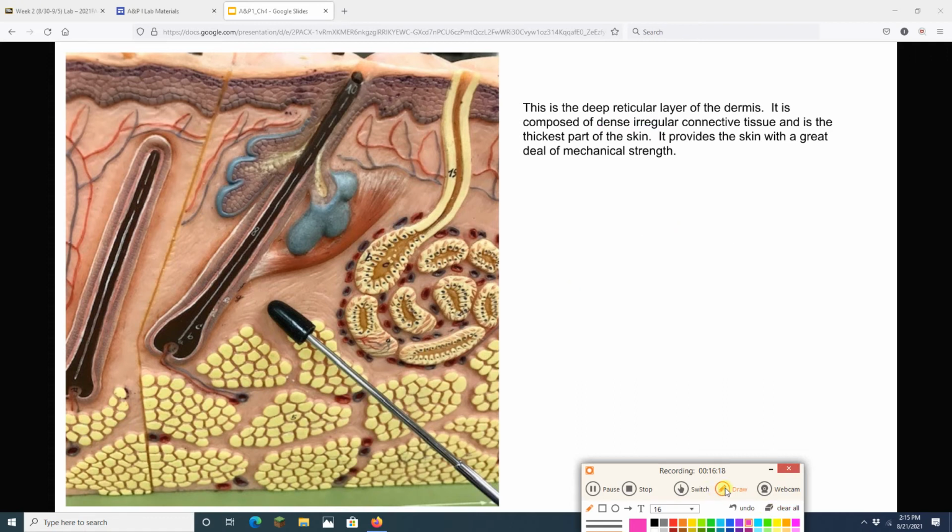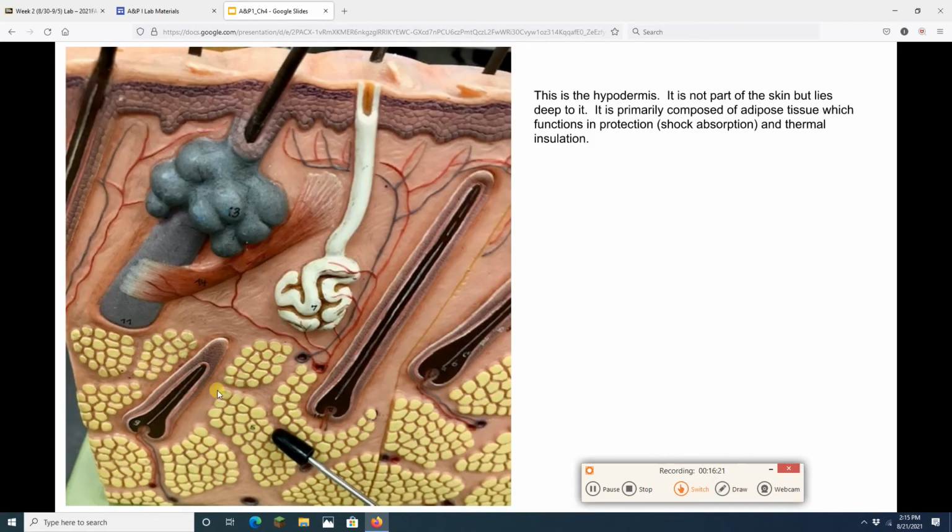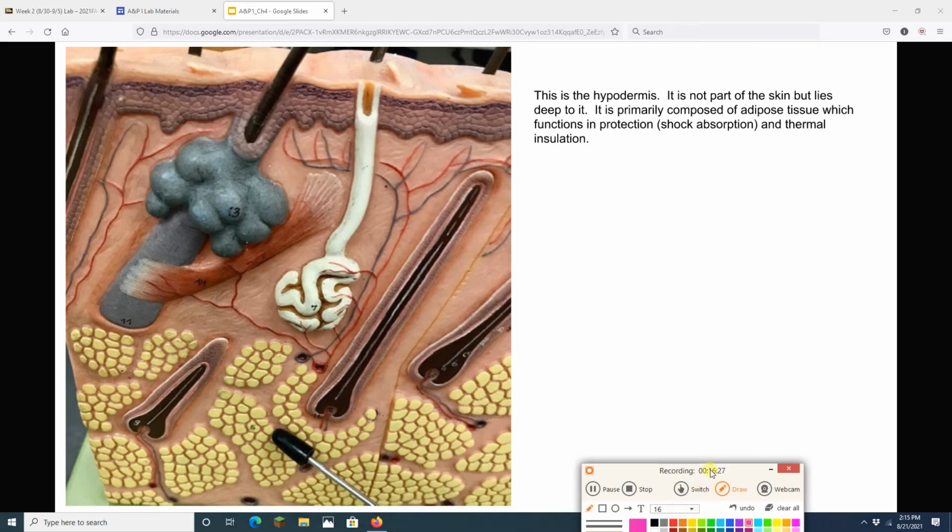Let's find some more things on this skin model here. Deep to the skin, so it's actually not part of the skin, but it's deep to the skin, is this region called the hypodermis, hypo, beneath. So beneath the dermis. It is made out of adipose tissue. You might know it as fat tissue. We'll meet adipose tissue under the microscope in the next lab as well.